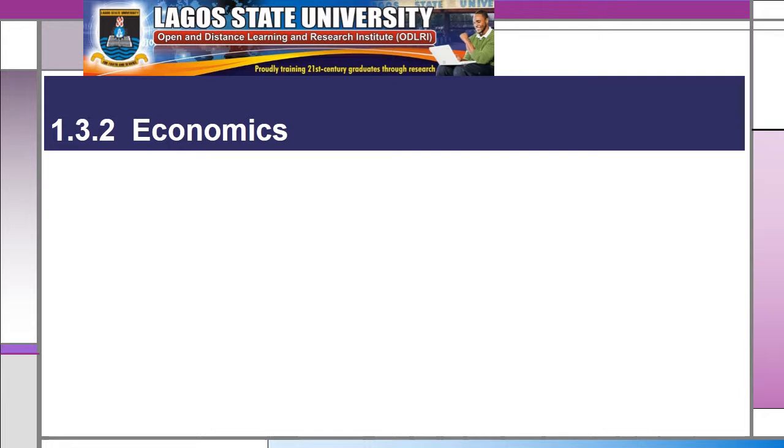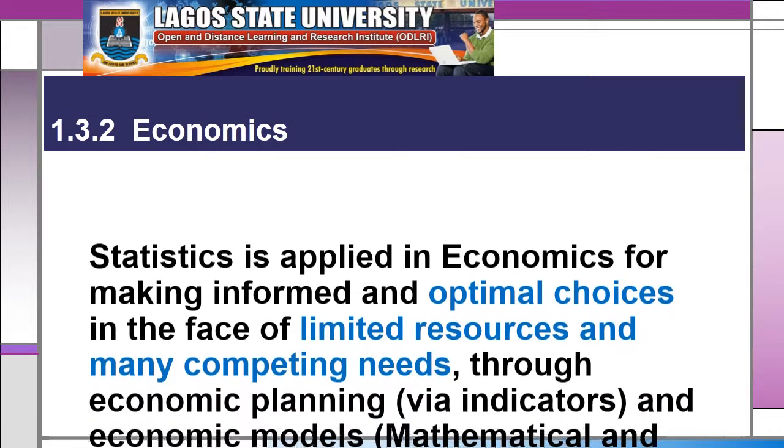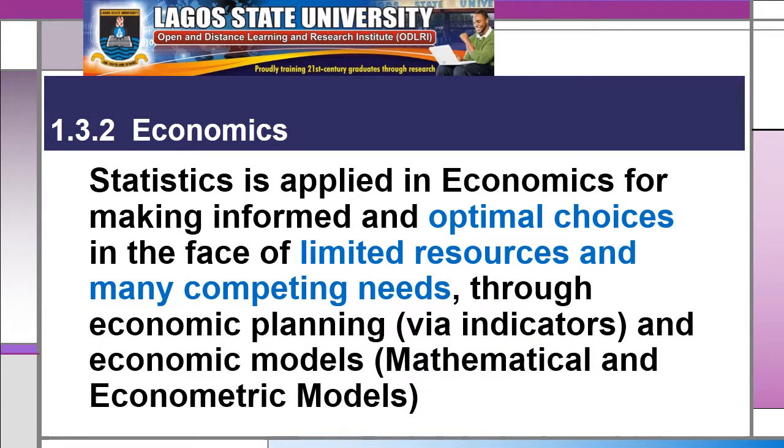Now, statistics is applied in economics for making optimal choices in the face of limited resources. And this is a situation where there are many competing needs. Statistics does this through economic indicators, and then using econometric models.